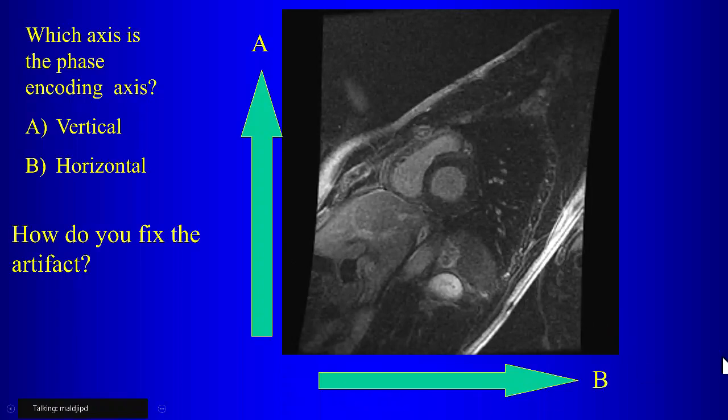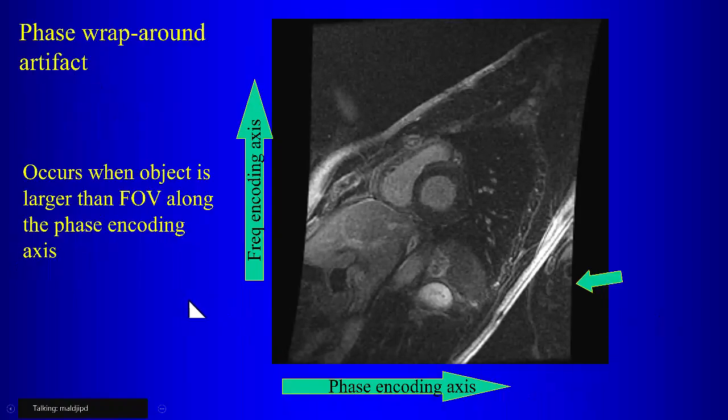So how do you fix the artifact? How do you get rid of this? What do you tell the technologist to do? Increase the field of view, right? So phase wrap artifact occurs from undersampling in the phase encoding direction. So to get rid of it, you have to increase the field of view, okay?